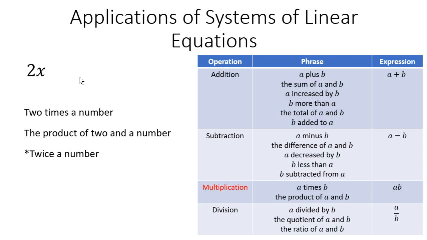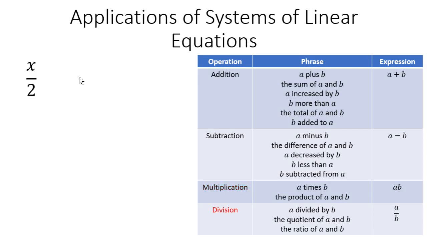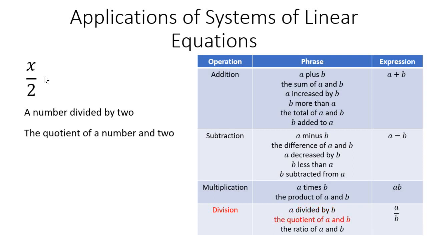Now let's take a look at division. Division. X divided by 2. A number divided by 2 is translated as x over 2. The quotient of a number and 2 also translates to x over 2, and also the ratio of a number and 2 translates into x over 2.